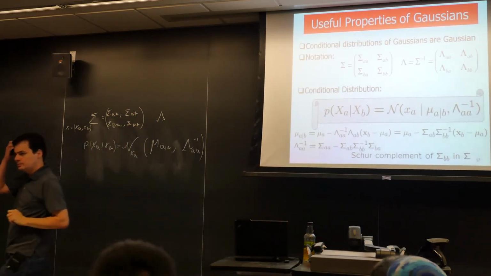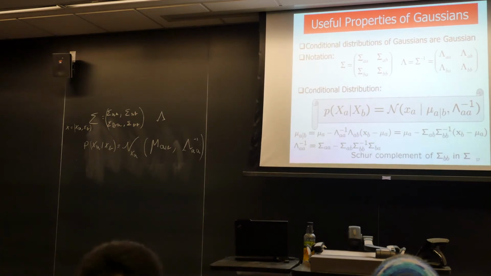Yes? What does it mean to have a normal of XA given mu AB? So you have a joint Gaussian distribution over XA and XB. They are two random variables, jointly Gaussian.